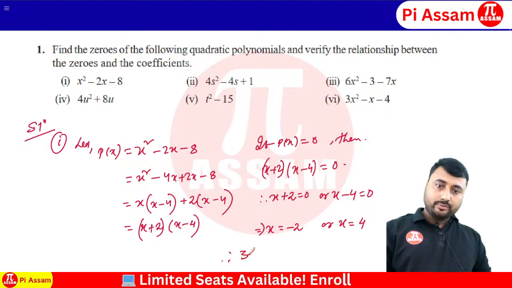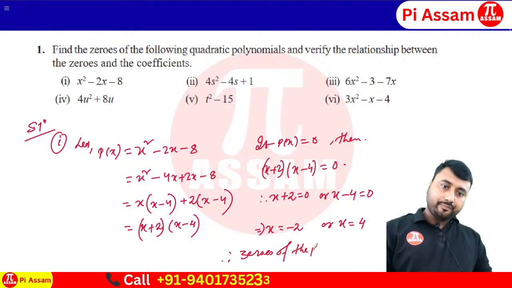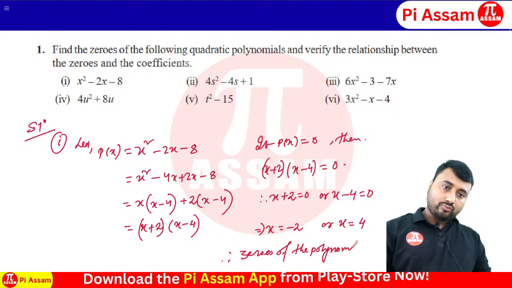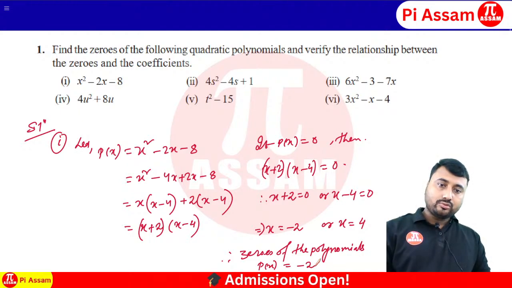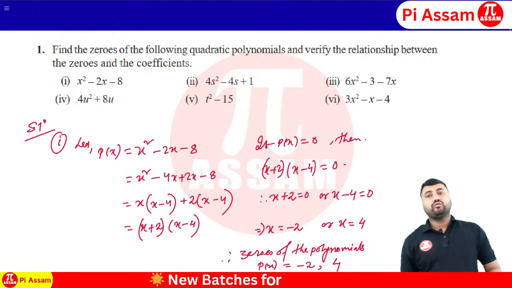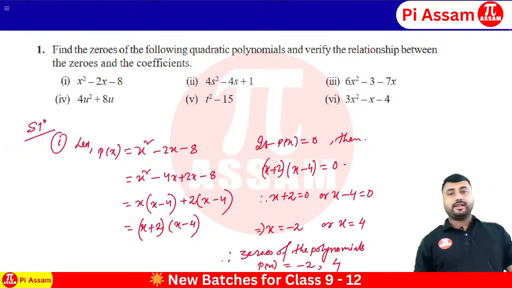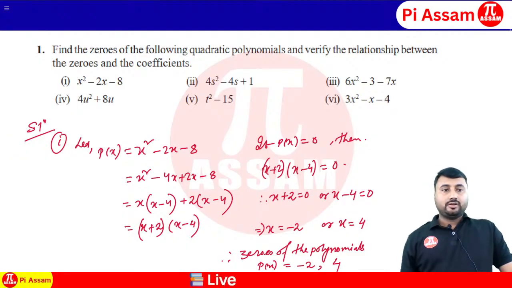Therefore the zeros of the polynomial p(x) are minus 2 and 4. Okay, note it down.